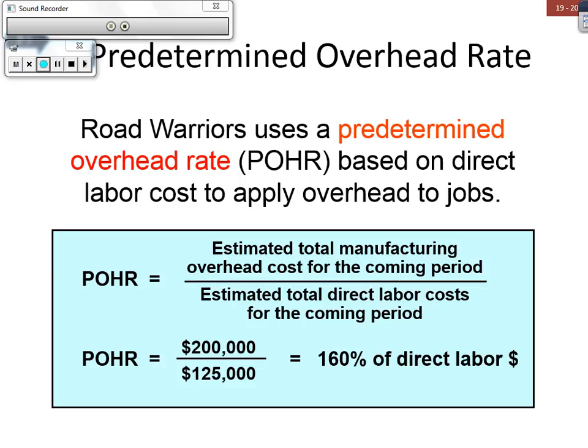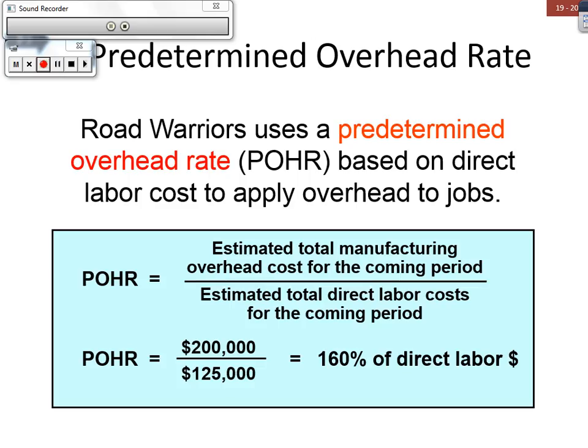So predetermined overhead rate. This is important. It's also in your book, page 786, under where it says overhead allocation rate. So your predetermined overhead rate is calculated by taking estimated overhead cost and dividing it by the estimated activity base.